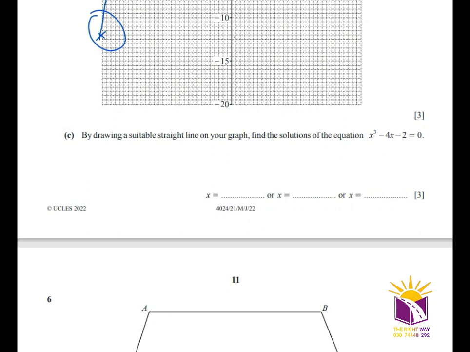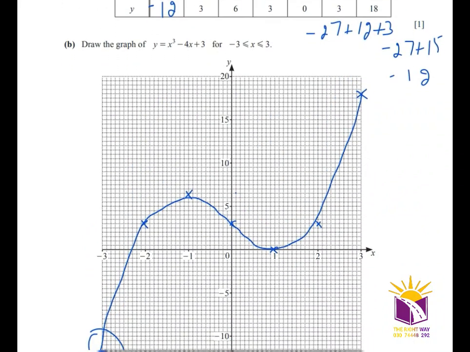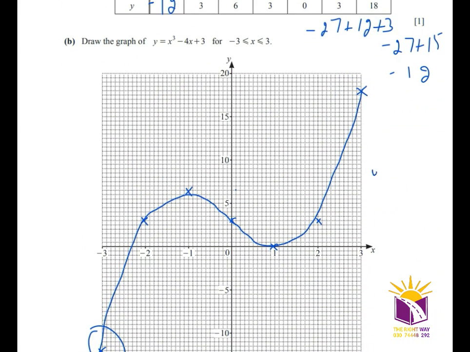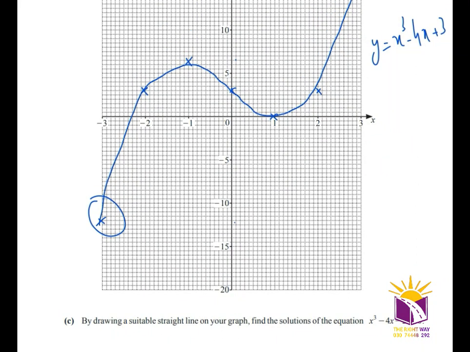By drawing a suitable line on your graph, find the solution of x cubed minus 4x minus 2 is equal to 0. Now your equation is y is equal to x cubed minus 4x plus 3, and here we have minus 2.